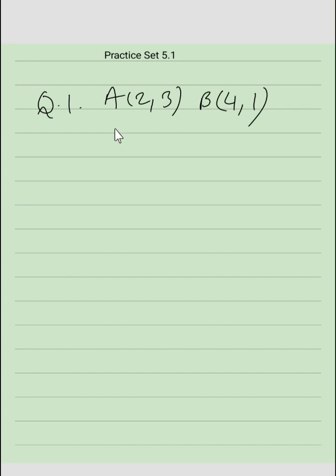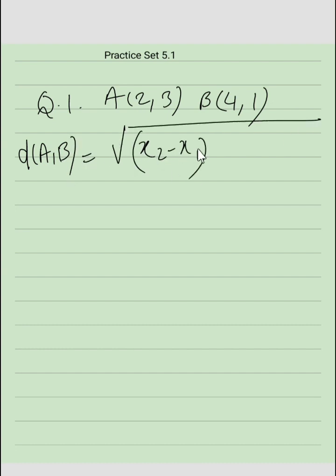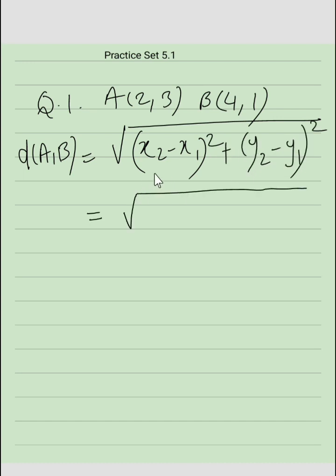Okay, now taking the first question of practice set 5.1, we have to find the distance between point A to B. So students, we will write the distance formula, that is distance A to B will be under root (x2 minus x1) whole square plus (y2 minus y1) whole square. So now what is our x2 and what is our x1?